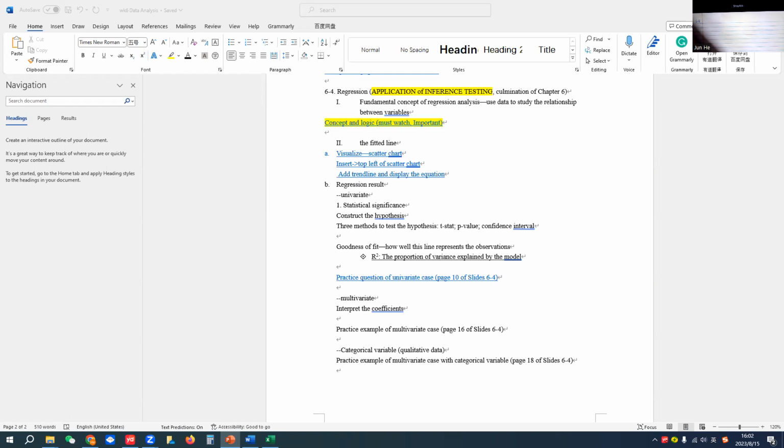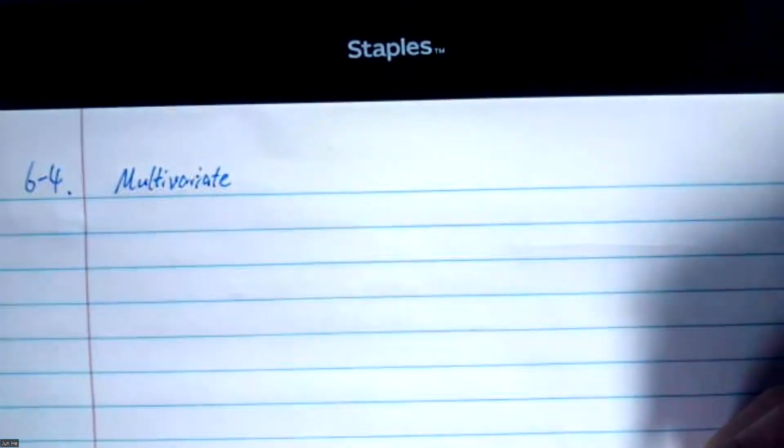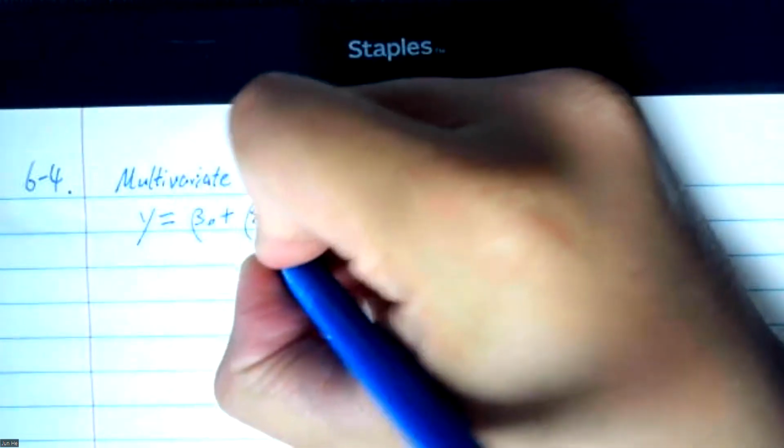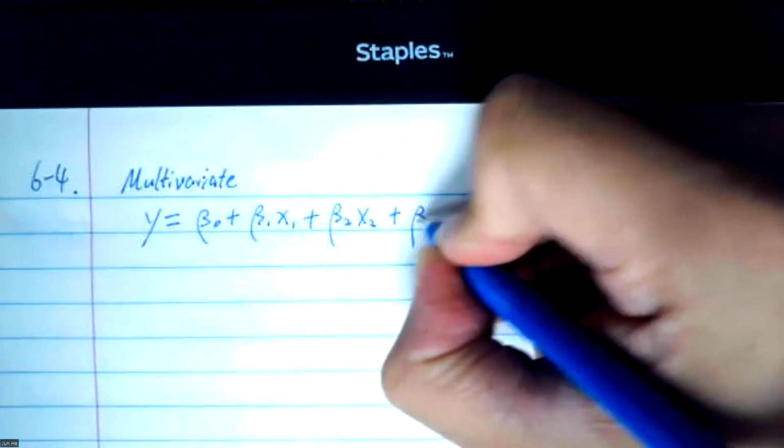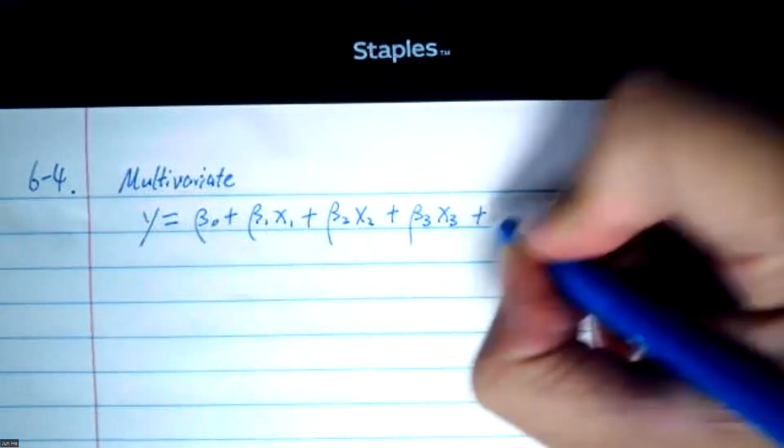Okay, so here we should change our interpretation of coefficients slightly. So let's look at the model. Here we have multiple variables. So we have y equals beta 0 plus beta 1 x1 plus beta 2 x2 plus beta 3 x3 plus u.